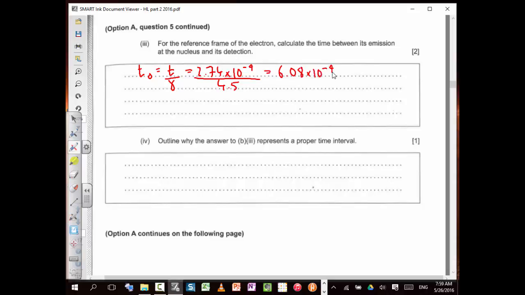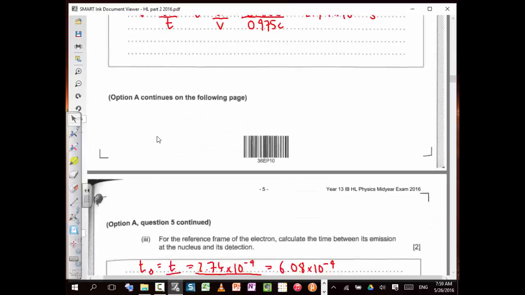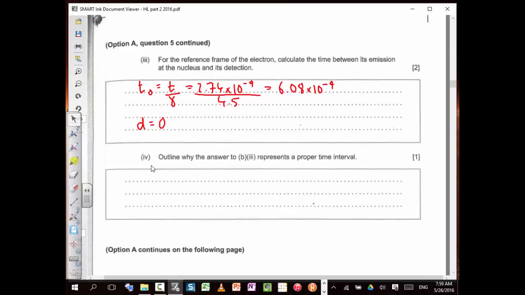Alternatively, we could use the fact that we know how far the electron has traveled because its length is contracted. So we know that d is 0.178 meters, and we know that v is equal to 0.975 c.